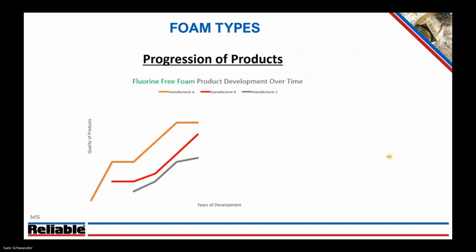And that's what you can kind of see on this graph right here: company A, B, and C is not meant to represent any manufacturer of foam, just that different companies get in at different times. And right now, the technology between any manufacturer is going to be different.